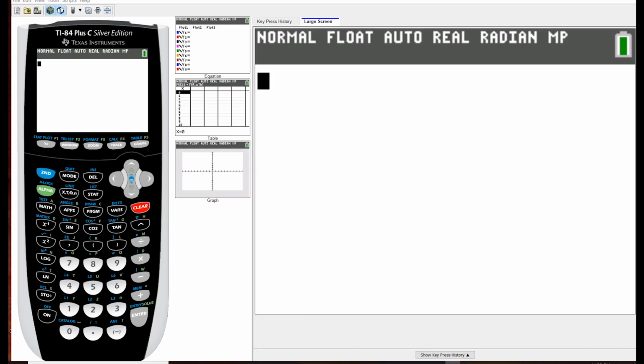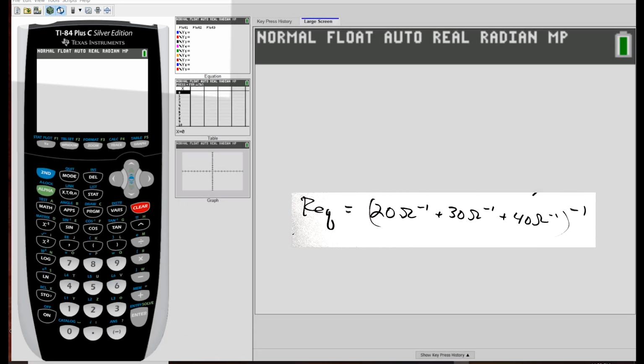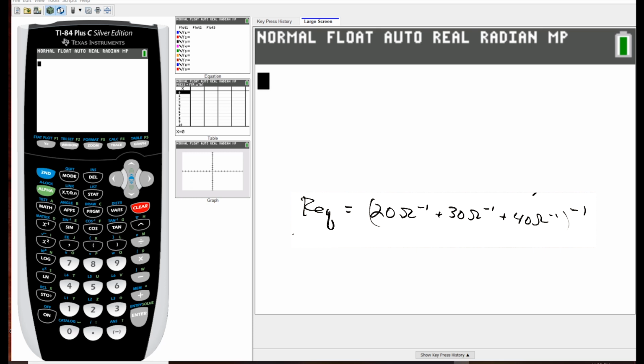All right, here I have my TI calculator simulator, and let's see how we would calculate equivalent resistance in a parallel circuit. In our problem, we wanted 1 over 20 ohms plus 1 over 30 plus 1 over 40. So we go 20, x to the minus 1, which is 1 over 20.